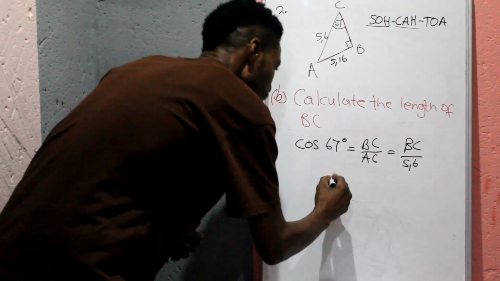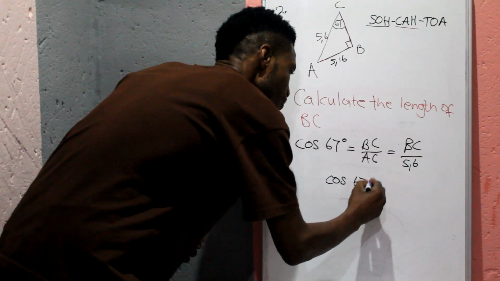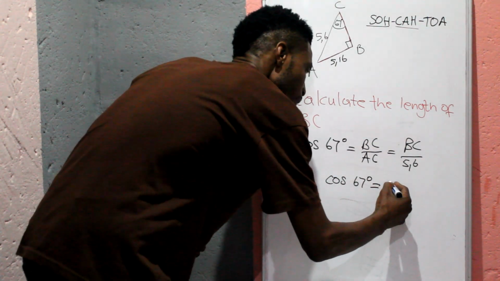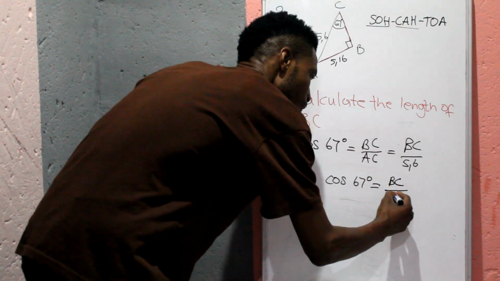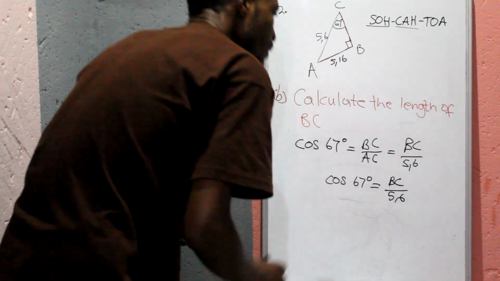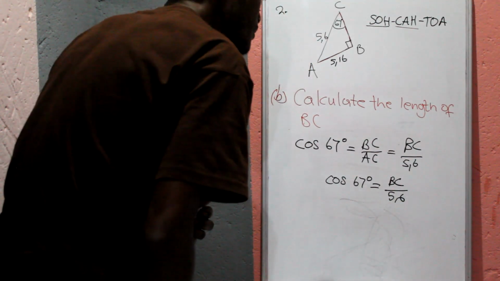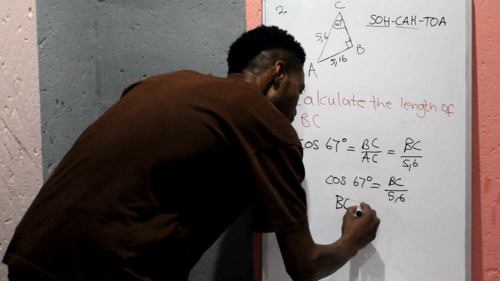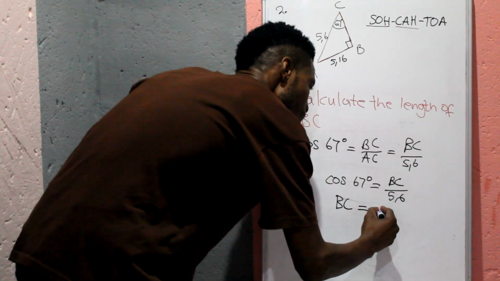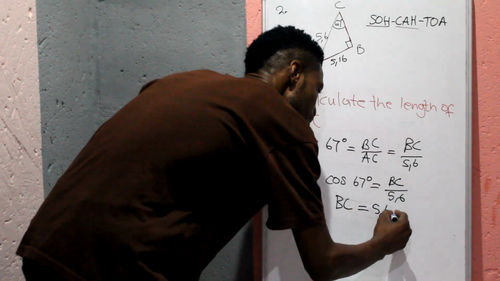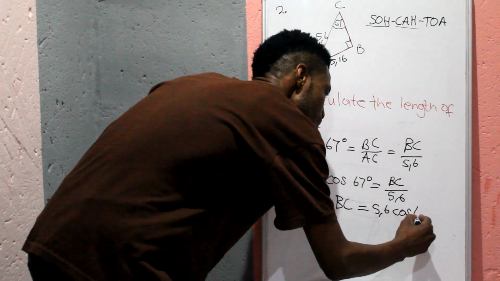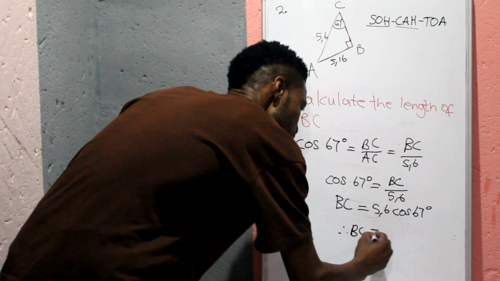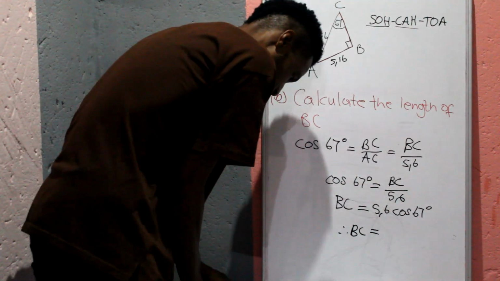So cos 67 degrees is equal to BC over 5.6. In essence, it's telling us that BC will also be equal to 5.6 cos 67 degrees.